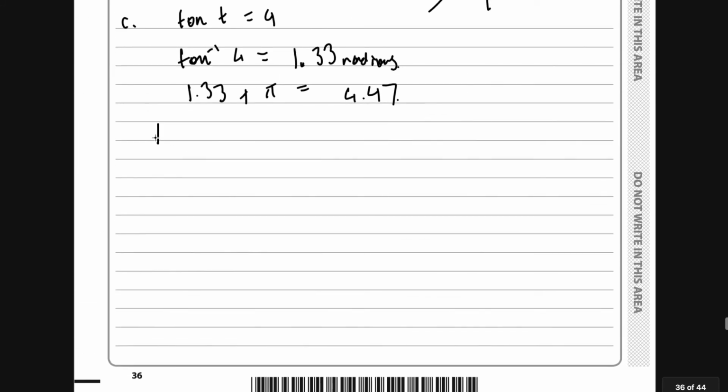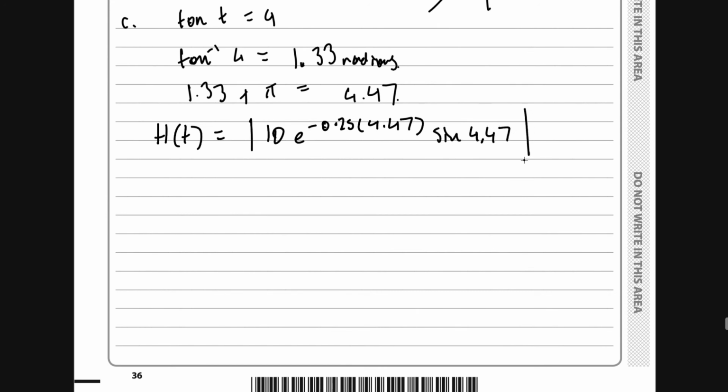So the value of h at that particular point is going to equal the modulus of 10e to the power of minus 0.25 times 4.47, okay, and that's going to be multiplied by sine 4.47. And I'm just going to be using a calculator for that.